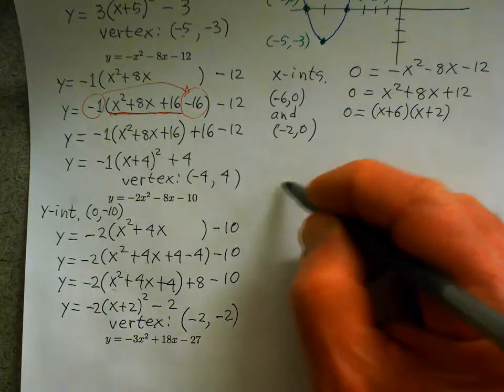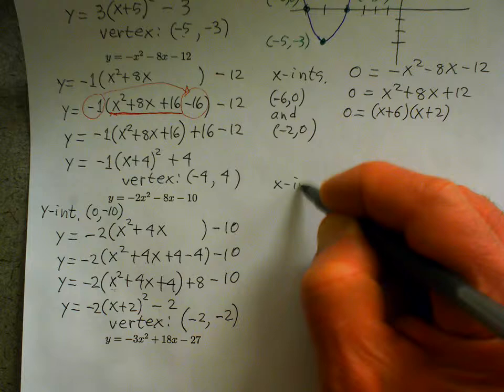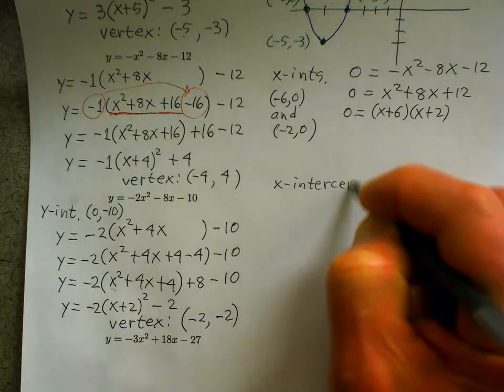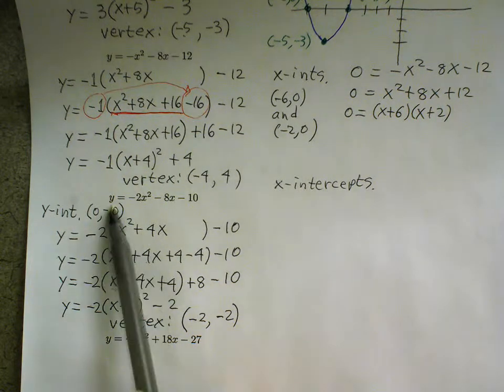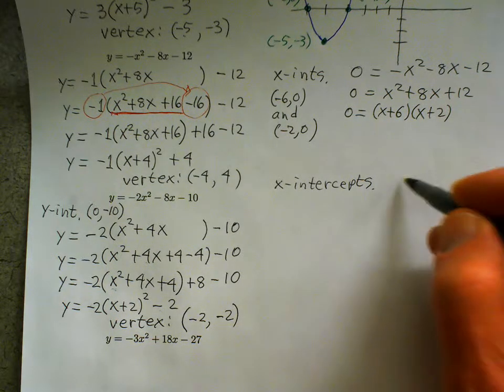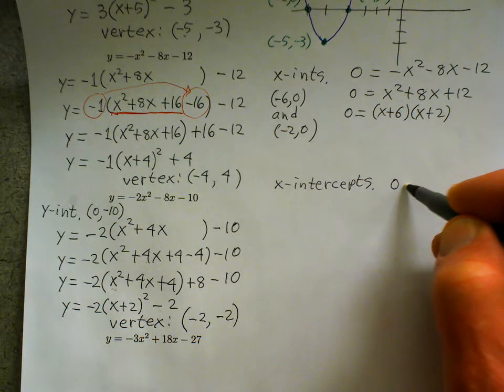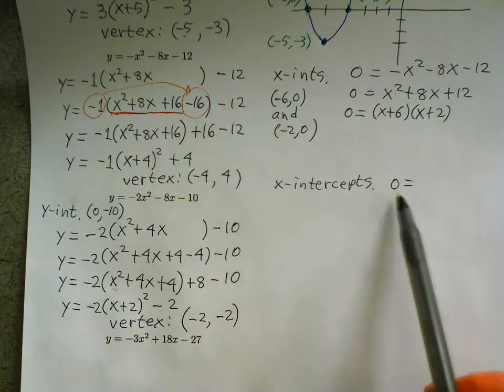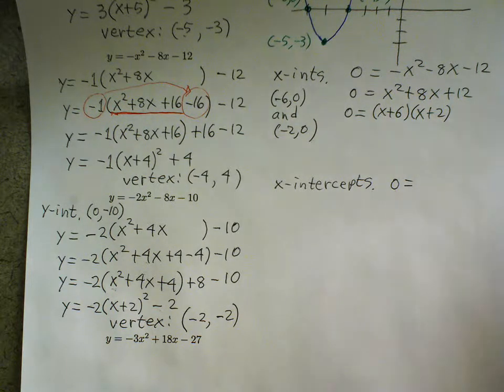To find the x-intercepts, replace y with 0 and solve for x. So replace y with 0 because every x-intercept has a y coordinate that's equal to 0.